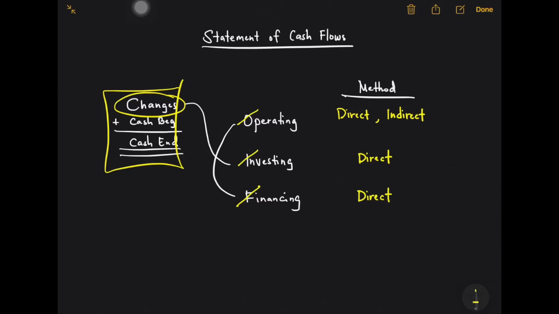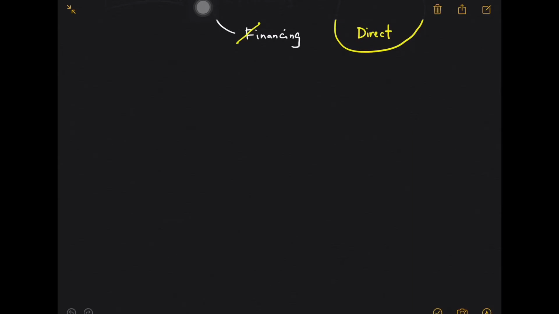I will first discuss how the direct method is used, and maybe in a separate video, I will talk about the indirect method of presenting operating activities. And to apply, let me first write the heading of a statement of cash flow. You start with the company name. For example, the company name is ABC Company.